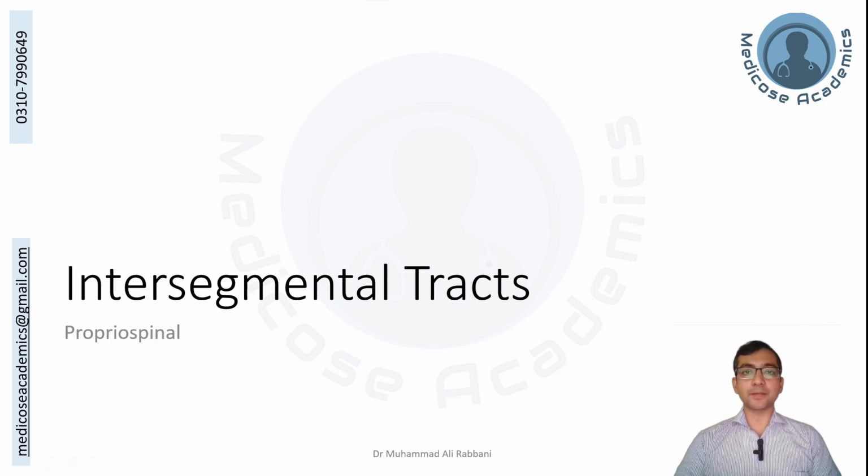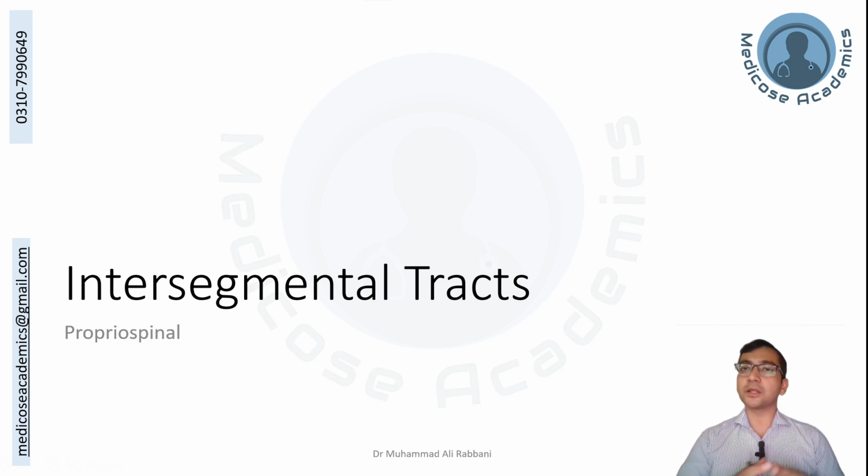What are the intersegmental tracts, also known as propriospinal tracts? As the name indicates, these are the tracts that start in the spinal cord and end within the spinal cord. They may be as short as entering and exiting in the same segment of the spinal cord, and they may go all the way from one end of the spinal cord to the other.